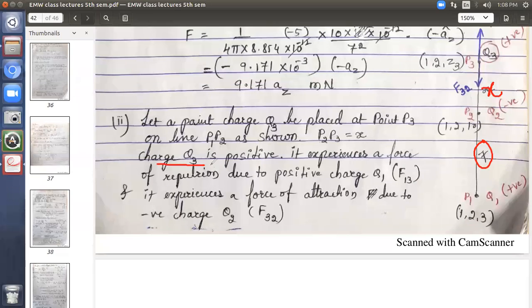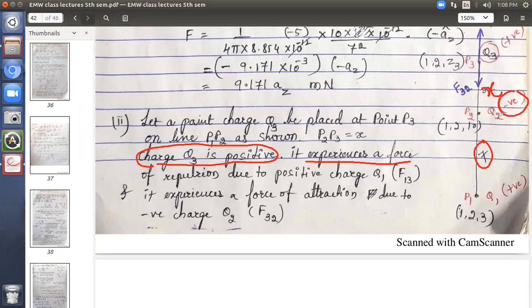Okay, now charge Q3 is positive. Assume that. So we have taken Q3 as a positive charge. It experiences a force. What is Q2? Q2 is a negative charge. So which kind of force will Q3 experience because of Q2?